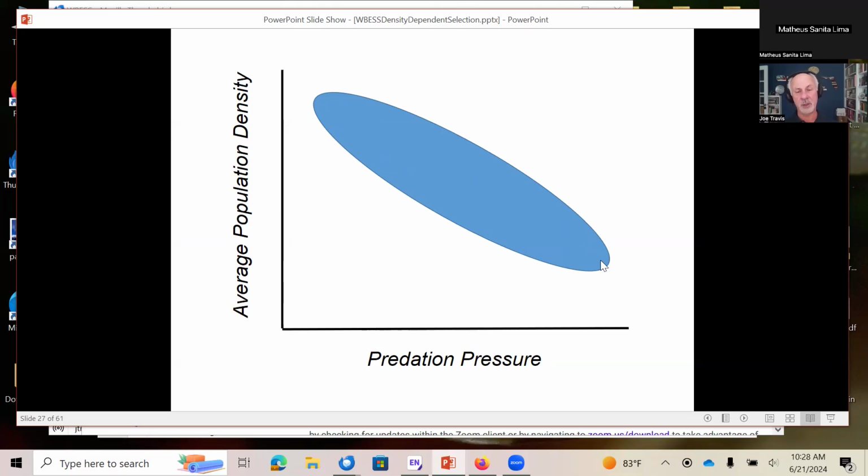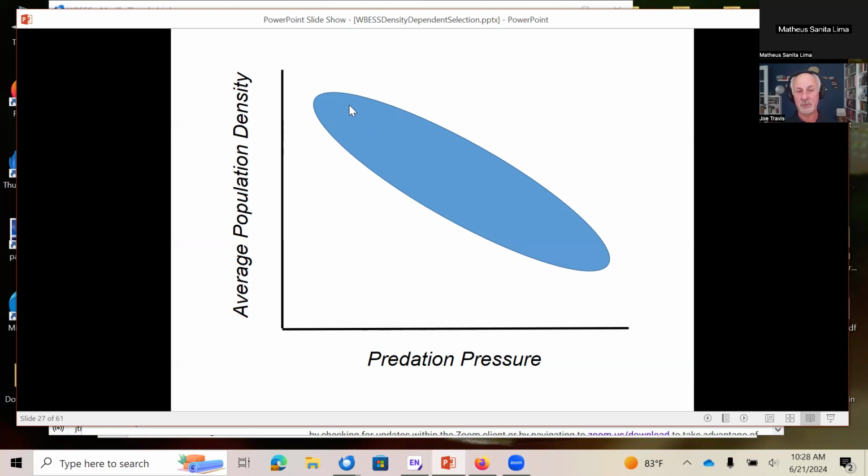So the low predation, high predation contrast is actually a contrast between two very important ecological forces, predation pressure and population density. Because up at the top, where there is almost no predation pressure, population densities are much higher, food is much more limited, and the diets have changed to reflect that.